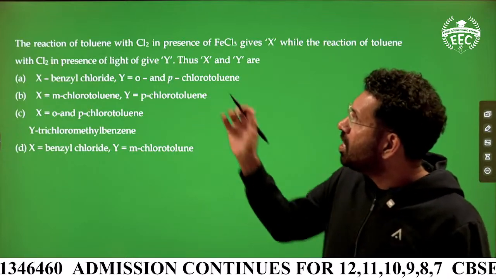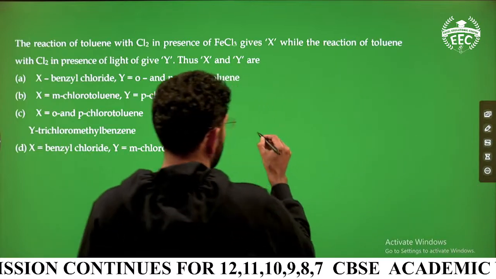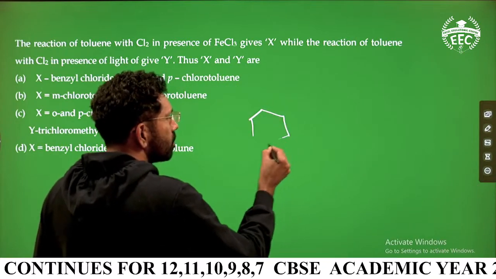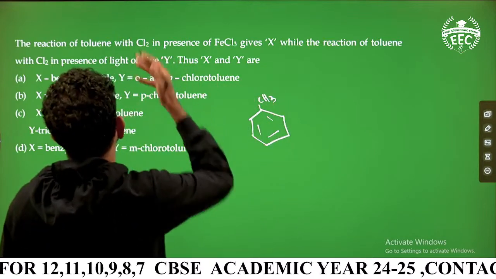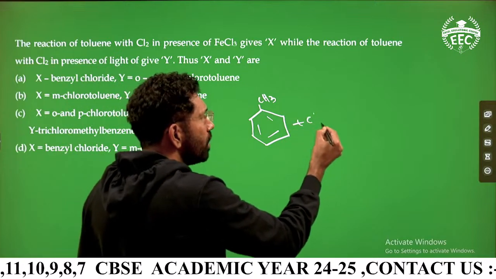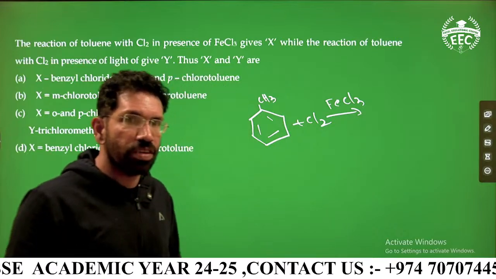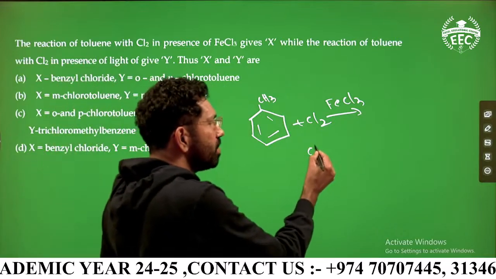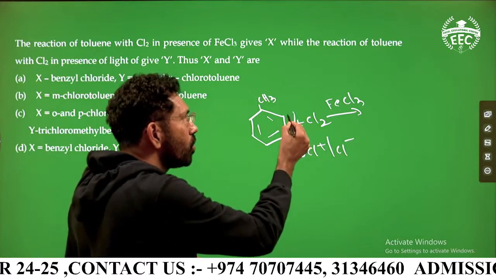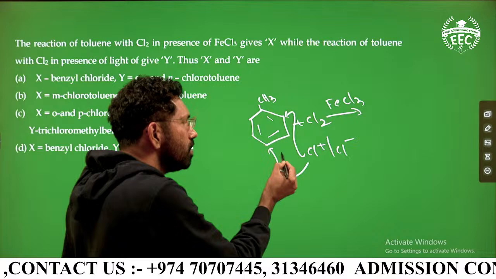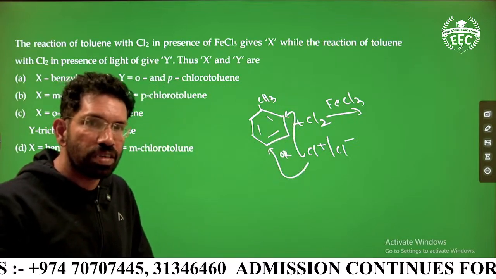See now. Reaction of toluene with chlorine in presence of FeCl3. I will write here. This is toluene. This is a ring substitution reaction we studied. Chlorine will ionize as Cl plus and Cl minus. Cl plus will attack at ortho or para. We know that toluene is ortho para directing towards ring substitution.